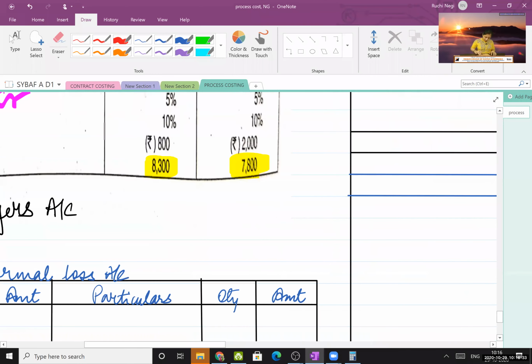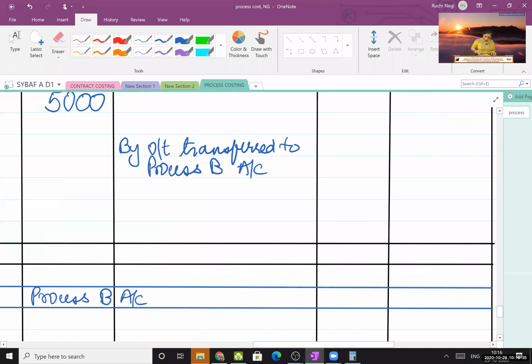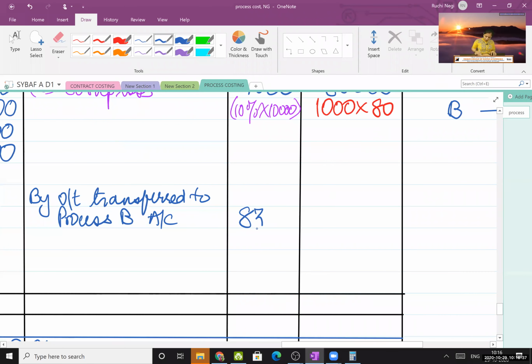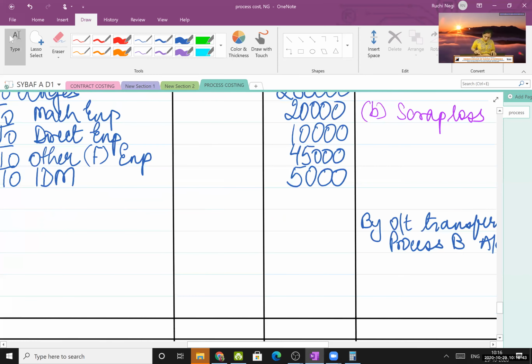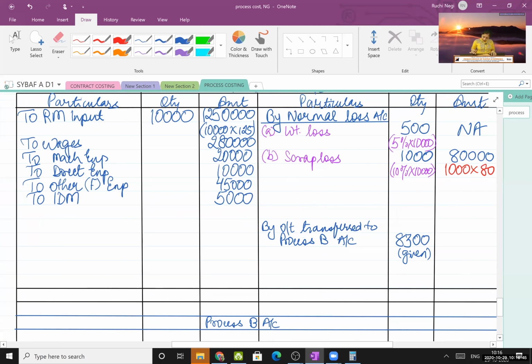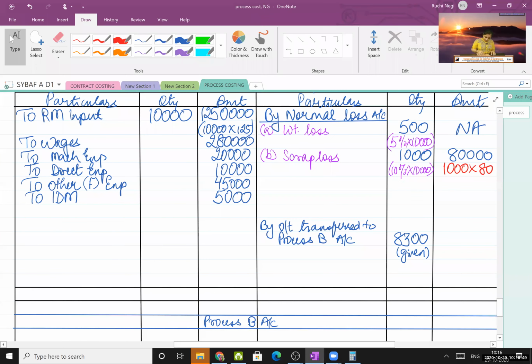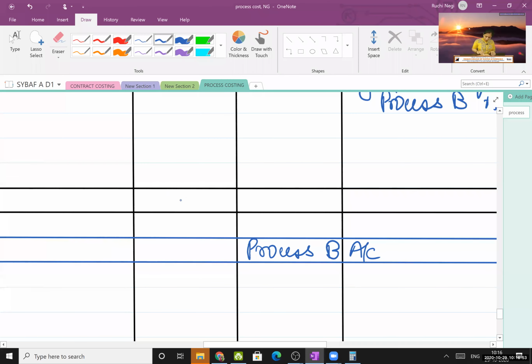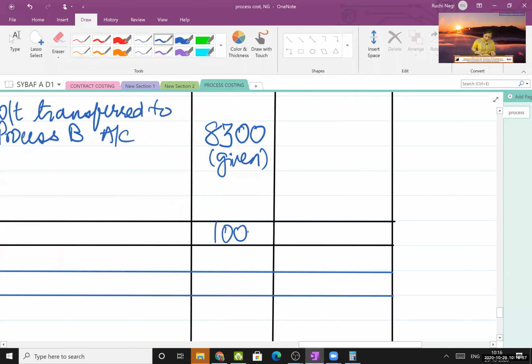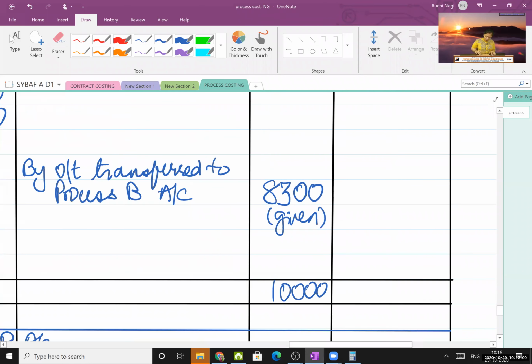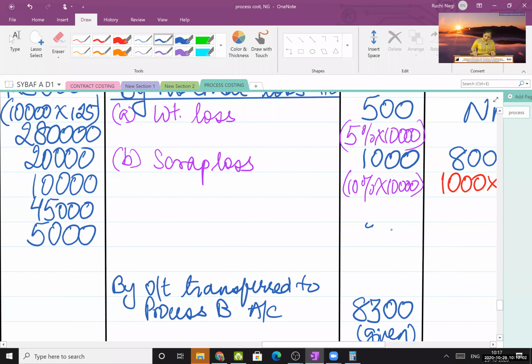How much you have to transfer? 8,300. So right here, 8,300. This will be your given. Okay. So first close your debit side. This is how much? 8,800, 9,000. Debit side is more. 10,000.